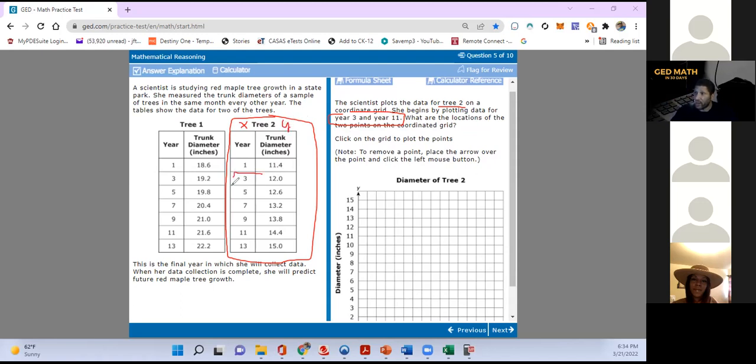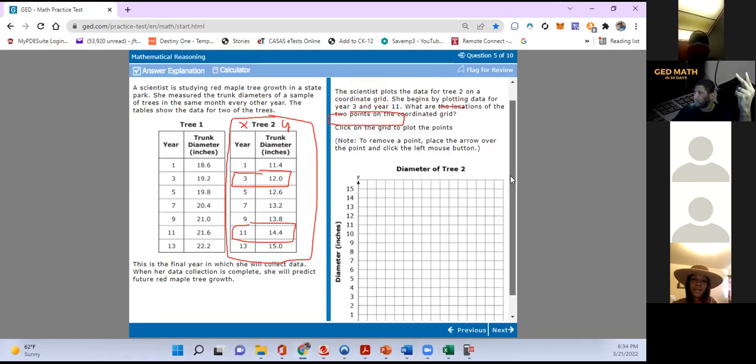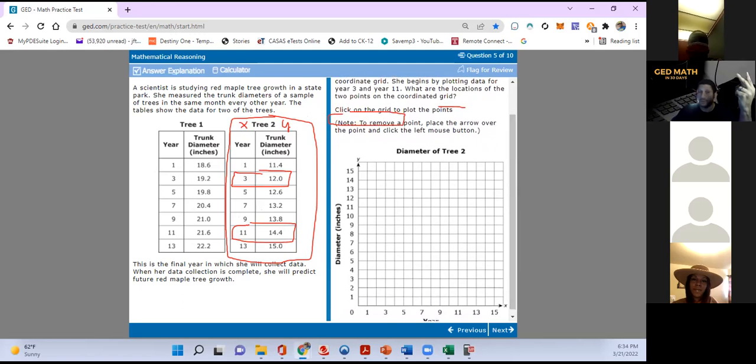Year 3 is right here. Year 11 is right here. When they tell you to plot a point on a coordinate plane, you must know you need 2 values, X and Y. So I have my 2 points that I want to plot. Let me scroll this down a little bit so we can see it. Let me erase this here. Again, listen, they're not going to give you exactly my practice test or the GED Ready.